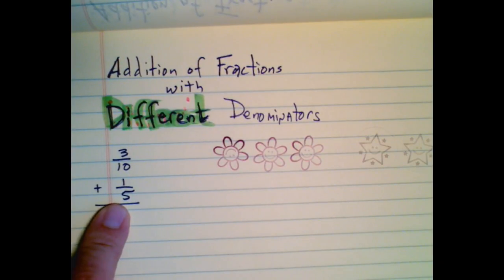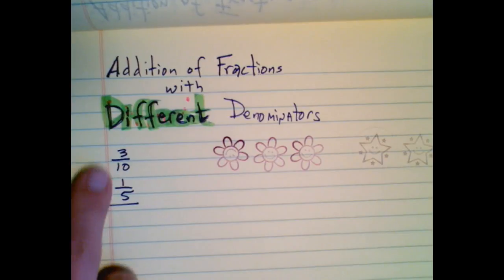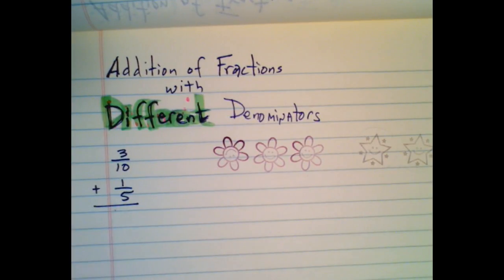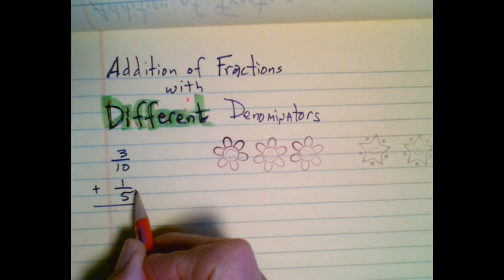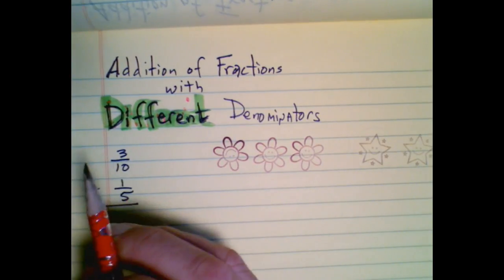So in order to be able to add these, we have to first change them so that they are the same thing. And one way we've shown this to date is by simply multiplying each fraction, top and bottom, by the denominator of the other fraction.